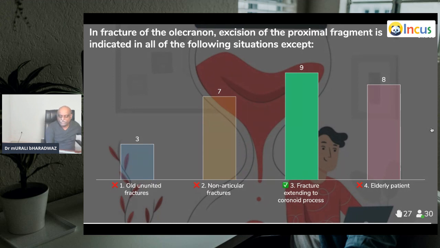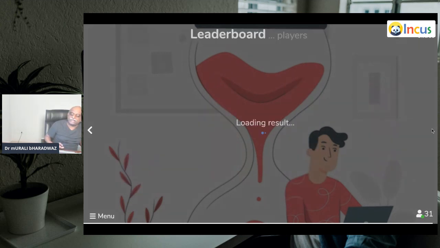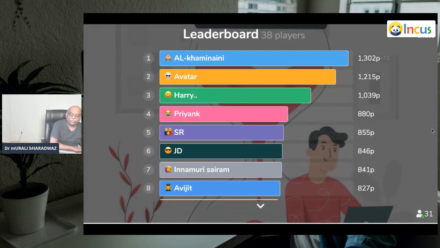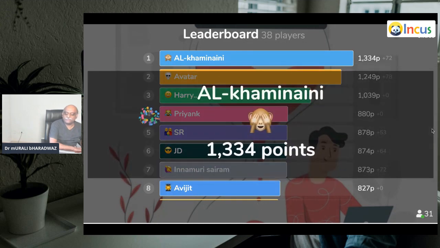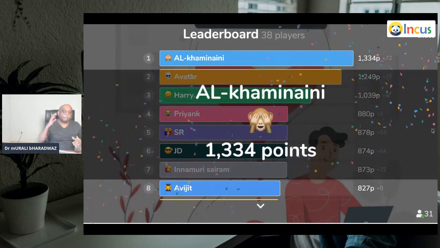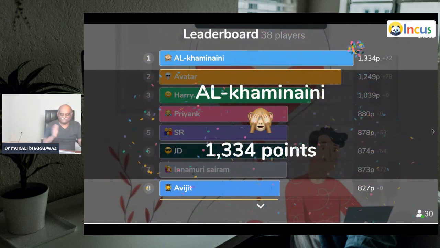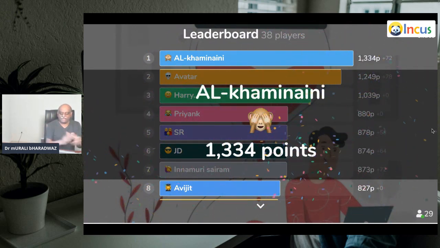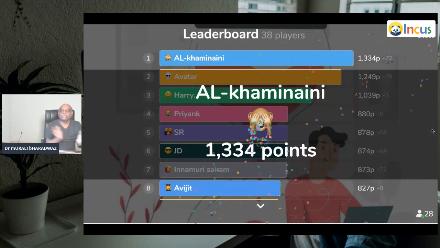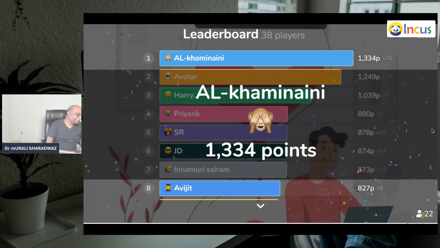Any old ununited fracture, non-articular fractures, elderly patients, excision of the proximal fragment is very much indicated. Whoa! That keeps Al Khamenei on top. Zindabad. Very good.